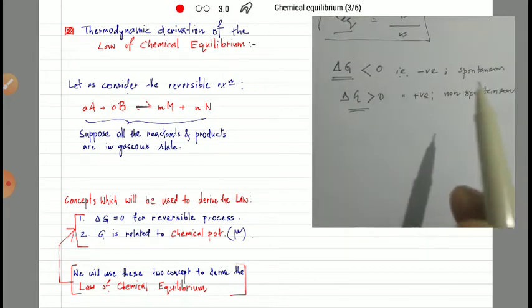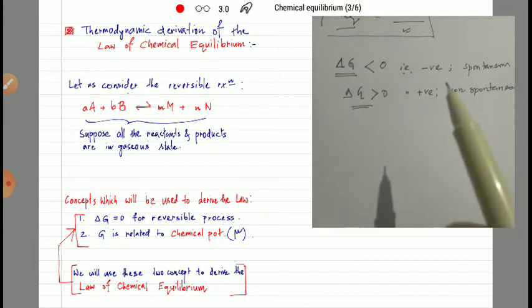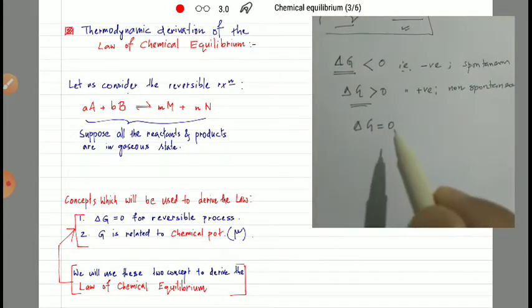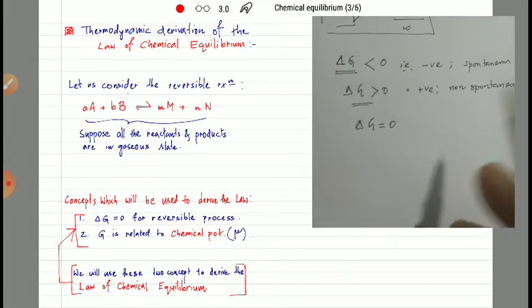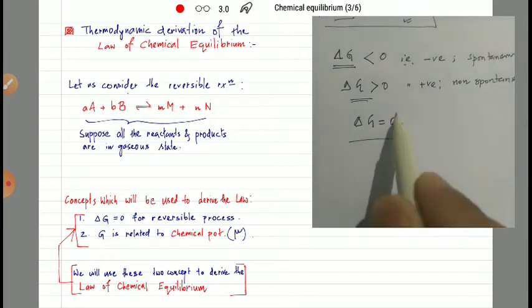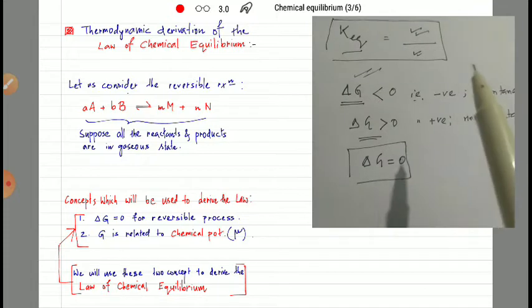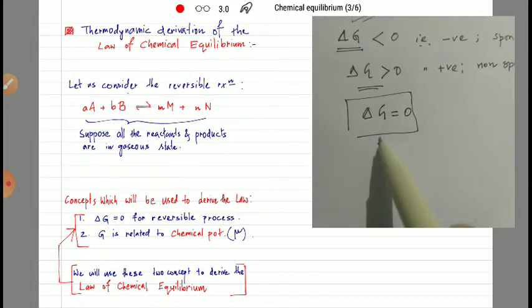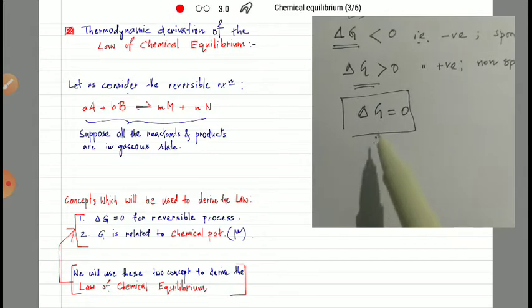And also, for reversible reactions, we say that del G is equal to 0 if the rate of the forward reaction is equal to the rate of the backward reaction. That means we are going to use this concept here to derive the law of mass action, because it is for reversible reactions where the forward reaction rate is equal to the backward reaction rate.